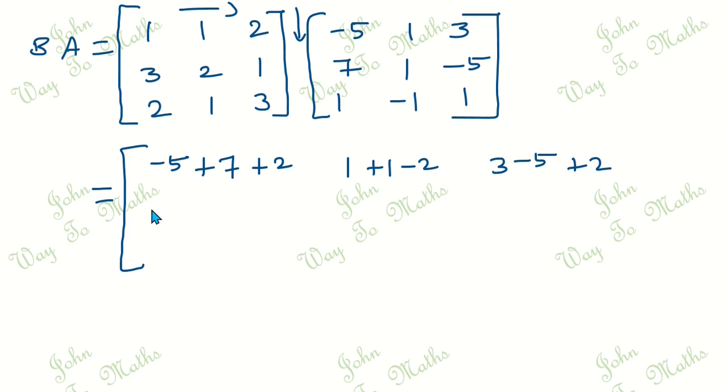Then the second row multiplied by the first column: 3 into -5 becomes -15, then plus 2 into 7 becomes 14, then 1 one is 1. Then the second row multiplied by the second column: 3 ones are 3, plus 2 ones are 2, -1 into -1 becomes 1.